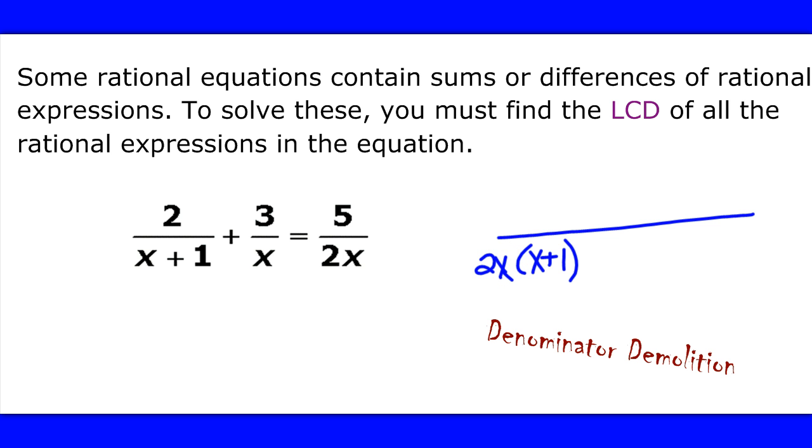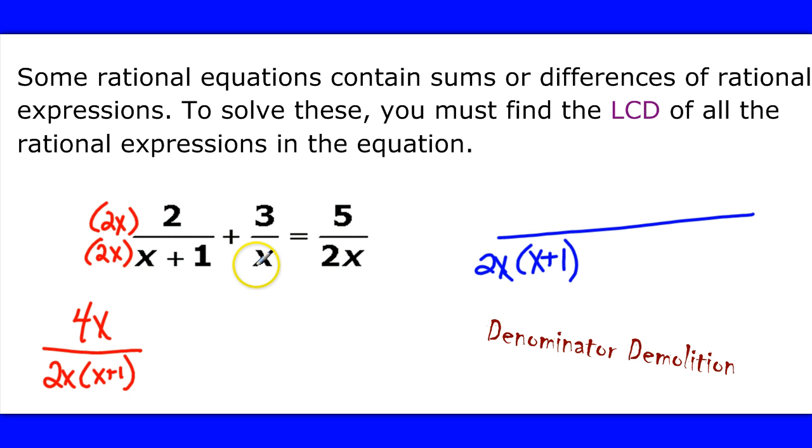Okay, so I'm going to show you two ways to do this. One way would be to go ahead and get the common denominator. This already has the x plus 1. It needs the 2x. So if you multiply the denominator by 2x, you multiply the numerator by 2x, and that is going to give me 4x over the denominator of 2x times x plus 1.